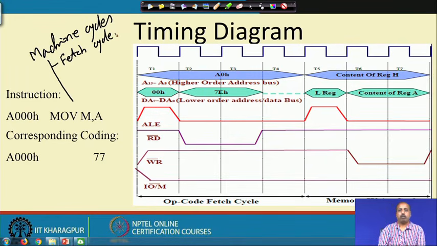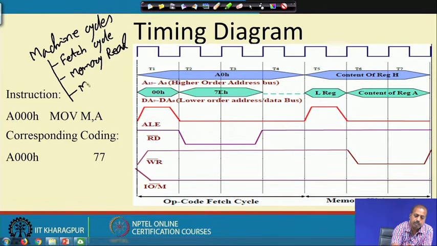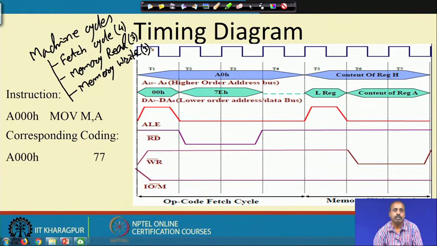That is common for all the instructions. After that, there may be a number of memory reads, or memory writes. This fetch cycle takes 4 clock states or T states, whereas the memory read and memory write cycles take 3 clock cycles.